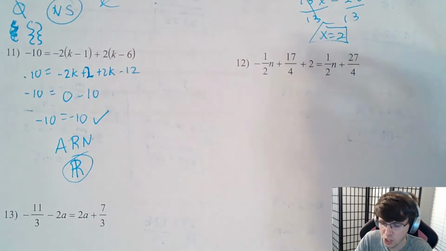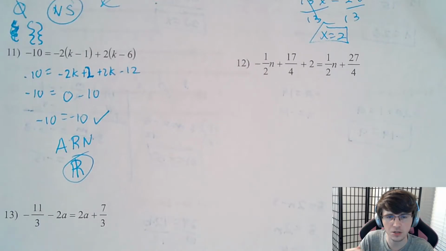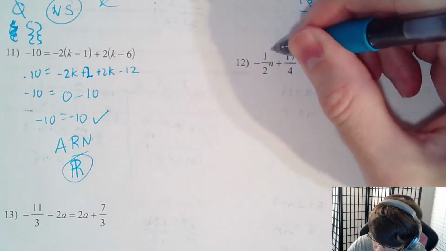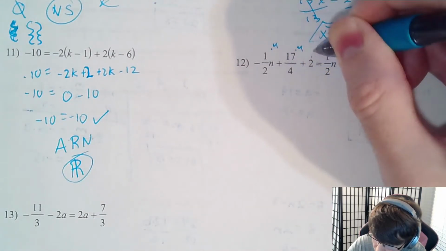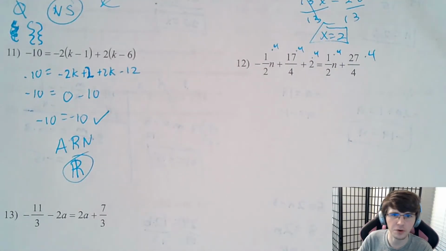But this question definitely is one that you want to do at school with a calculator, so that you're more comfortable multiplying by all of them out, because you're going to be multiplying every single one of these by 4. So you're going to do times 4, times 4, times 4, times 4, times 4, multiplying every single term by 4. You can use that alpha y equals enter button on the calculator to multiply the fractions by 4 if you're not comfortable.